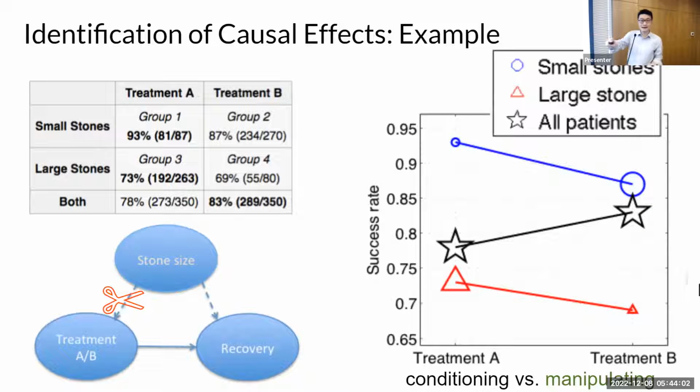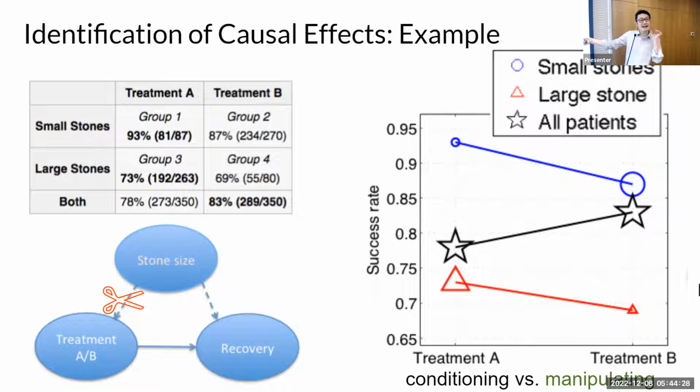So now you can see intuitively why it works. Here I have two treatments, so we have two groups of patients, those with small stones and those with large stones. You can see A is always better, but here you have more data points. This is sample size, right? And here you have more data points, as you can see from there.